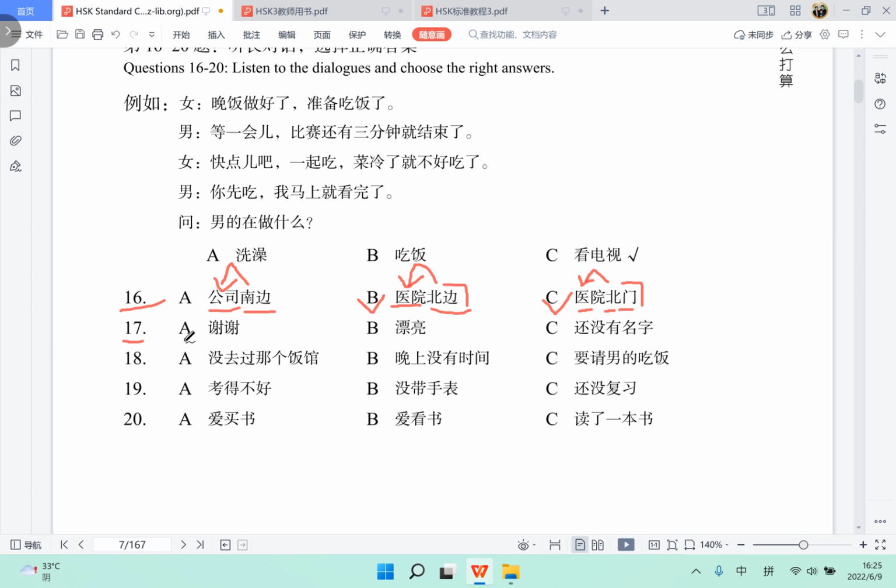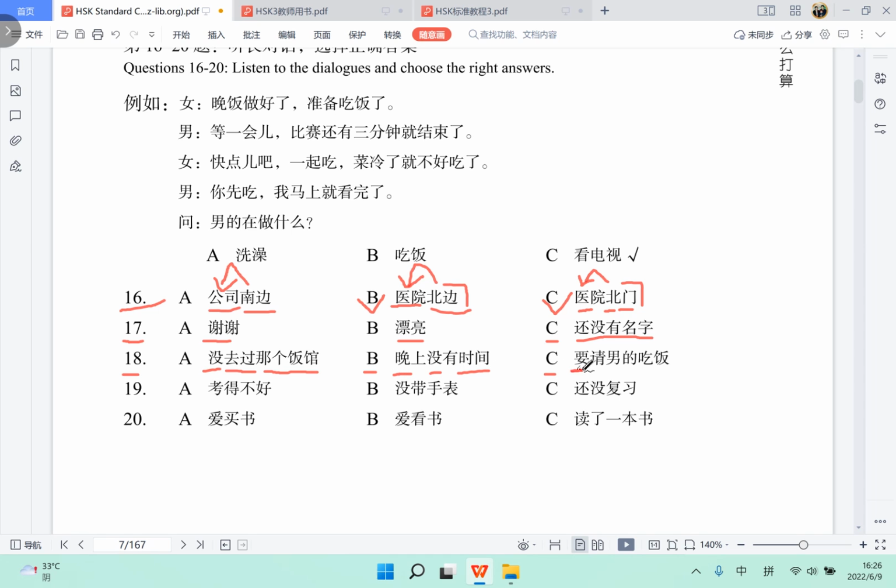And number 17, 第17: A 谢谢, B 漂亮, beautiful, and C 还没有名字, still haven't got a name. So it's quite confusing, right? I don't know what they're going to ask. And 18: A 没去过那个饭馆, so haven't visited that restaurant before, right? Have no experience visiting that restaurant. B 晚上没有时间, there's no time at night. 晚上.